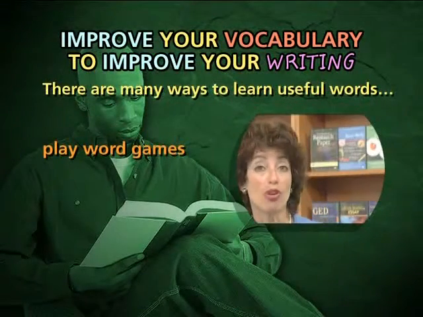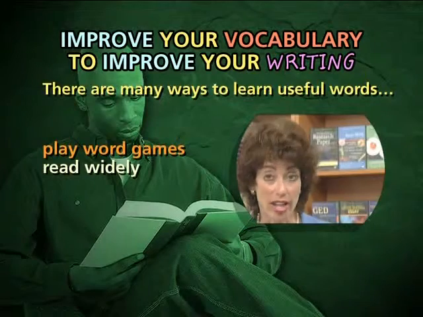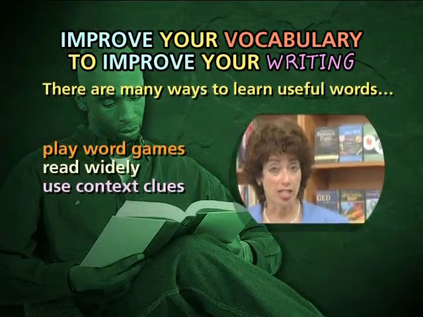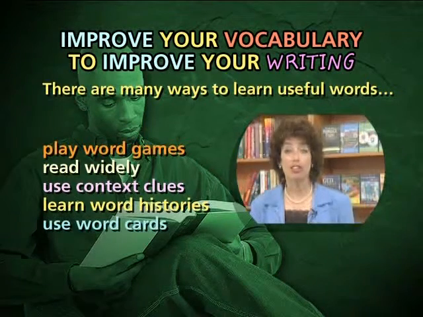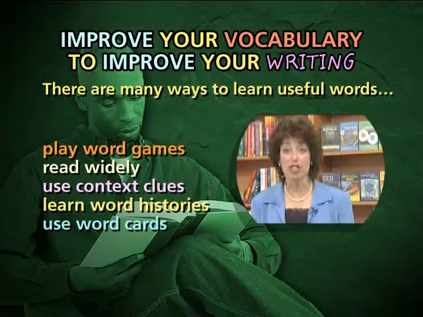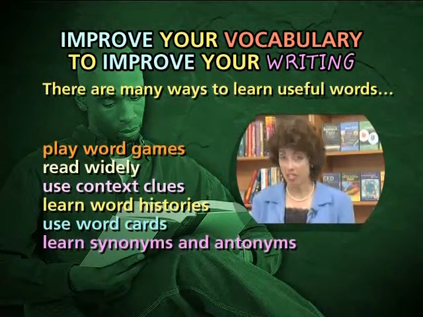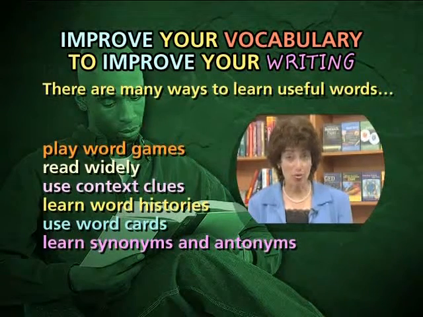You know it's important to improve your vocabulary, to improve your writing. There are many ways to learn useful words. You can play word games, you can read widely, you can use context clues, you can learn the history of a word, you can use word cards, carry them, take them with you. You can learn synonyms and antonyms for words.